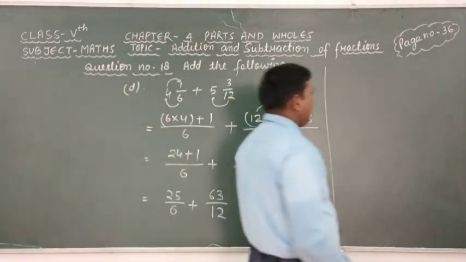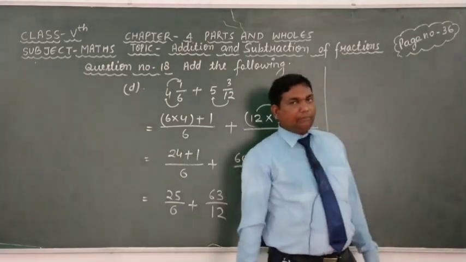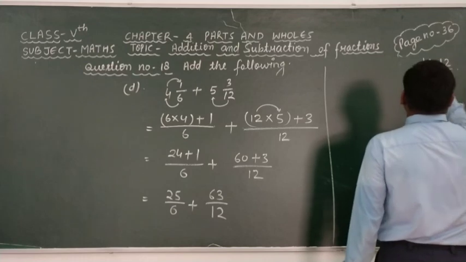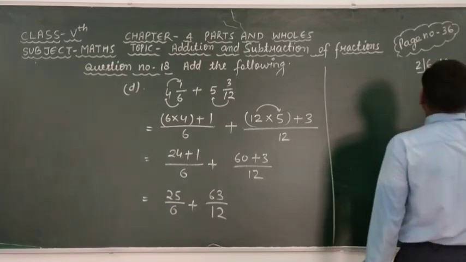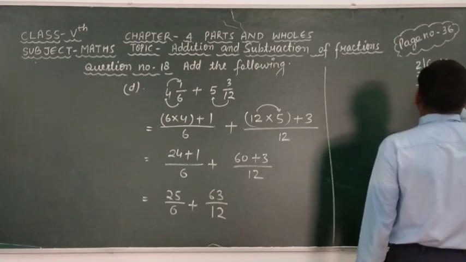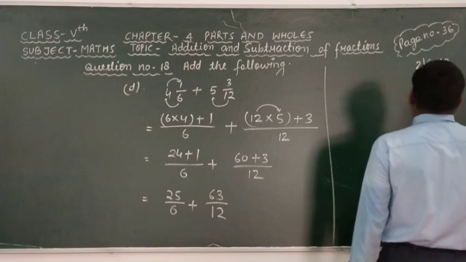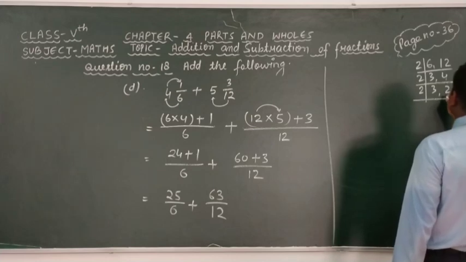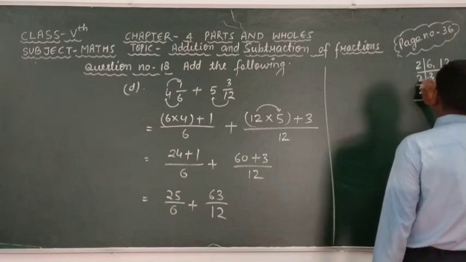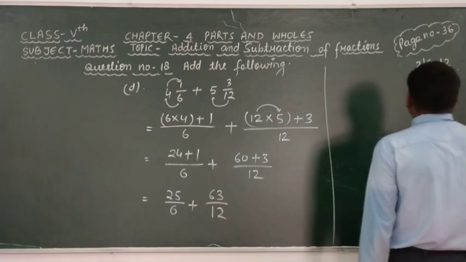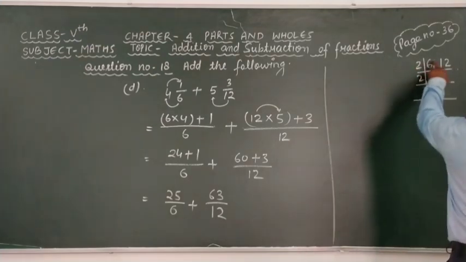We know that 6 and 12 are not the same denominator, therefore we can take the LCM of 6 and 12. Okay, 2 threes are 6, 2 sixes are 12. 3 is not divided by 2, therefore we can take 3 as same. 2 twos are 4. 2 threes are 6, 2 sixes are 12.